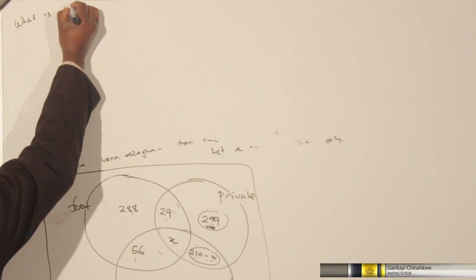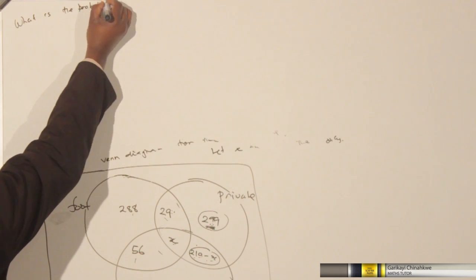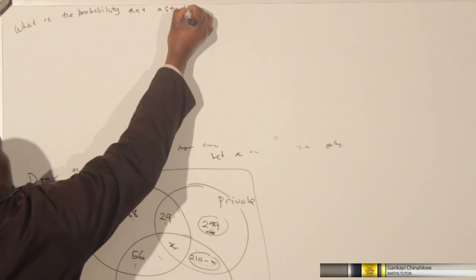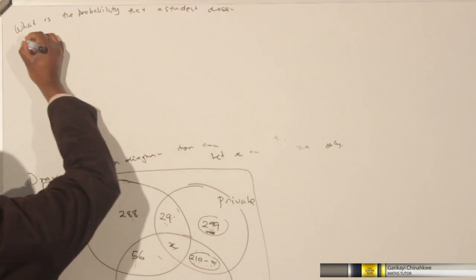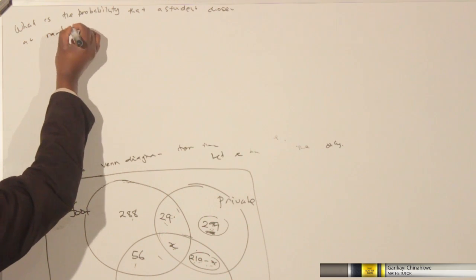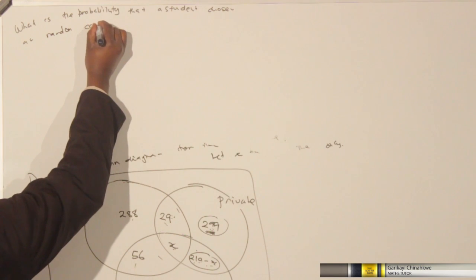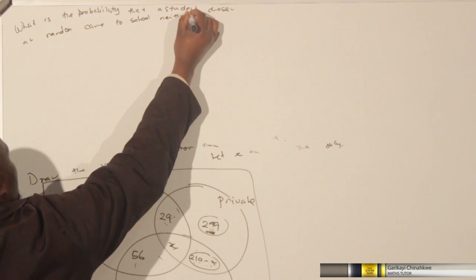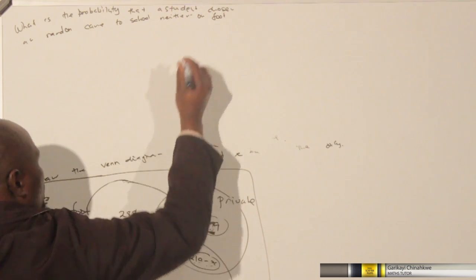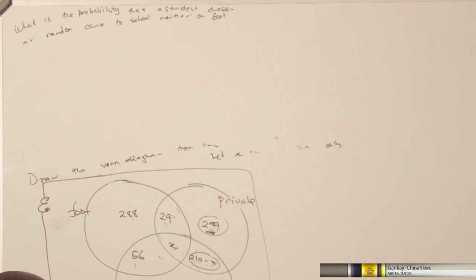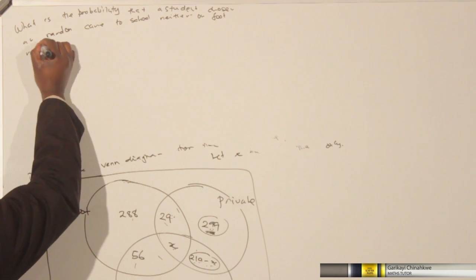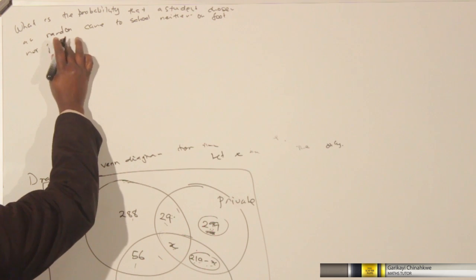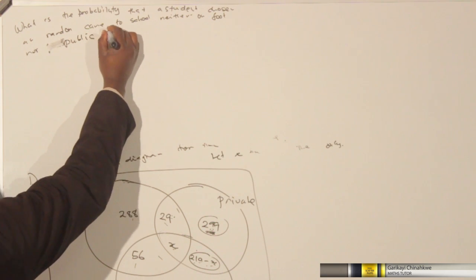What is the probability that a student chosen at random came to school neither on foot nor by public transport?